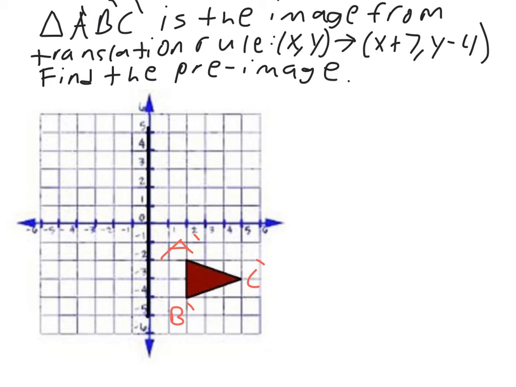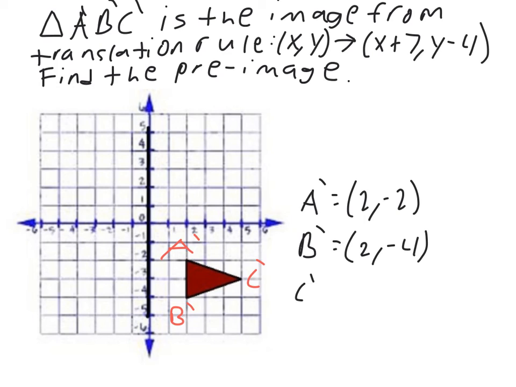So we see that A prime is the point (2, -2). B prime is the point (2, -4). And C prime is the point (5, -3).